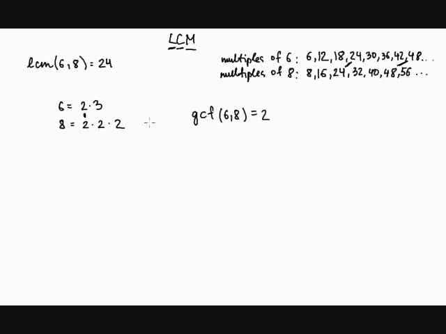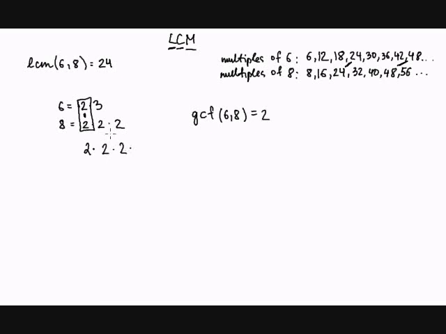GCF is equal to 2. We're going to write every prime factor of 6 and 8, and we're going to count the ones that they have in common as 1. So 2 is a common prime factor, so we're just going to count it as 1, 2. And we're going to write everything else again.